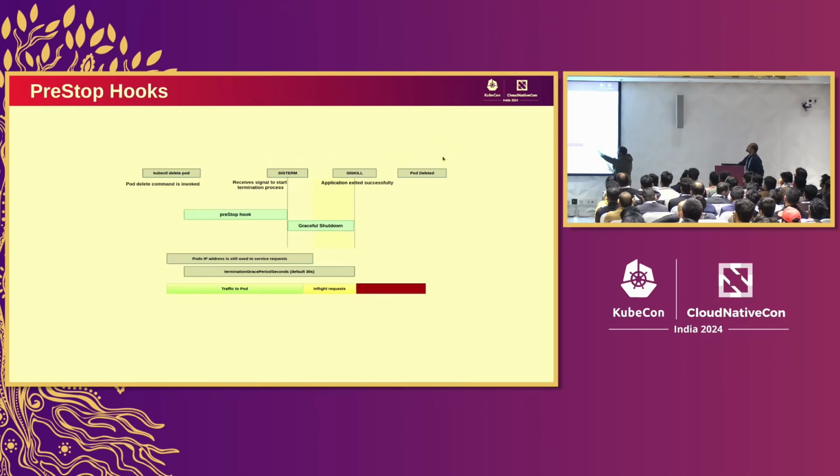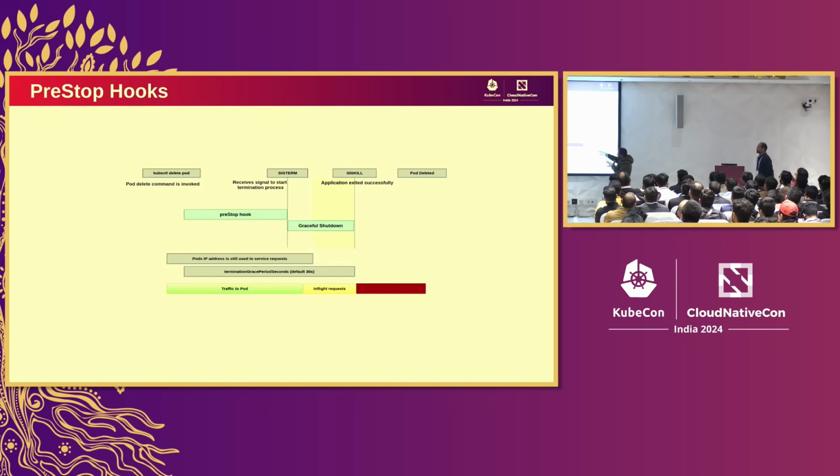So let's understand the whole flow through a diagram, right? I executed the kubectl delete pod command. Then what happens? Kubernetes triggers the pre-stop hook, waits for it to complete, and then sends a SIGTERM signal to the application. Then it waits so that the application can be gracefully shut down.